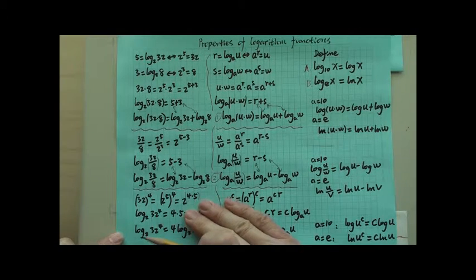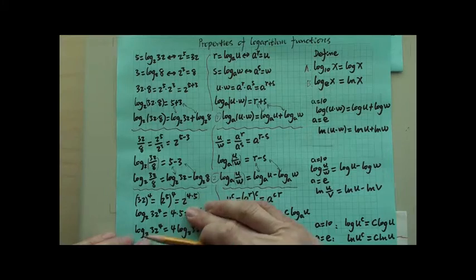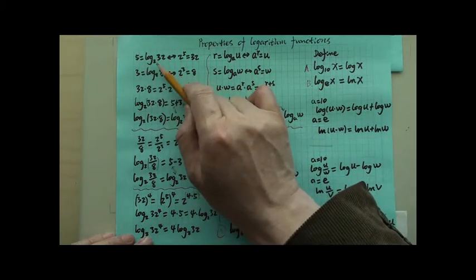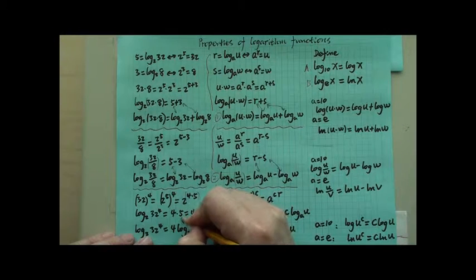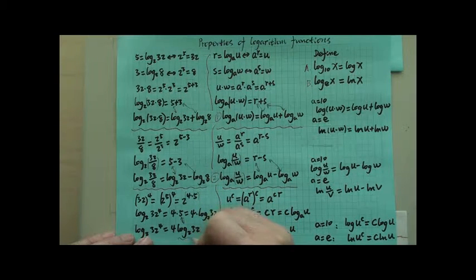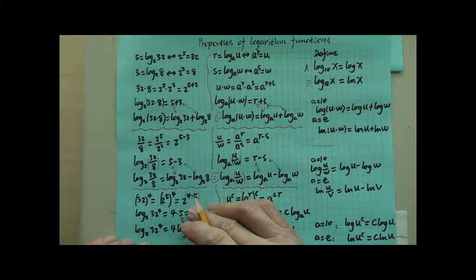Alright. Remember, what is 5? 5 is log base 2 to the 32. So this is over 5. And then we replace this 5 by log base 2 to the 32. Look.